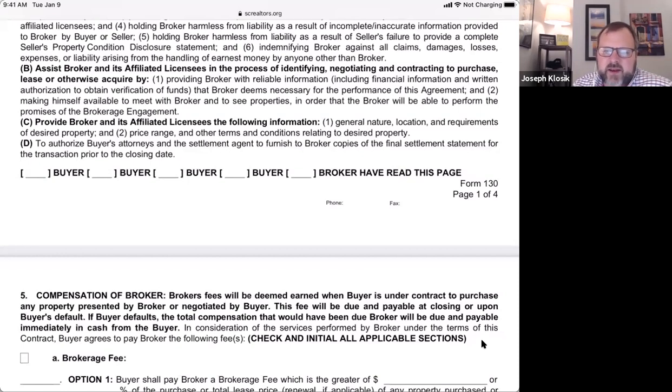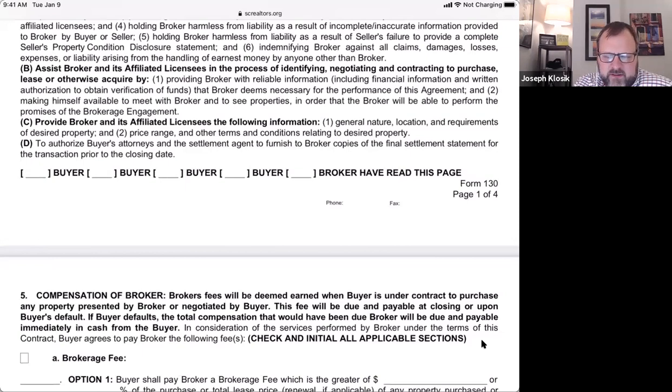This kind of helps set the precedent. Like, look, this is you and me against the market. I'm on your side here. If I'm advising you on a higher price, it's not because I want to make more money. A $25,000 difference in a sales price is not enough to make or break a commission. I'm advising you what's best in this market. So we just want to set that tone.